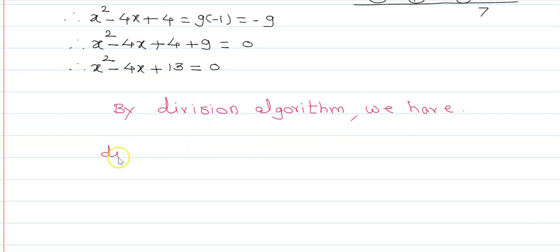Dividend is equals to divisor into quotient plus remainder.